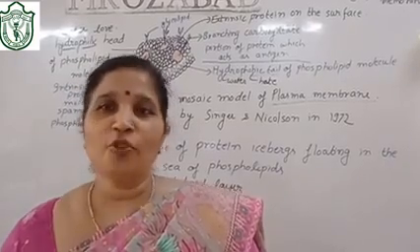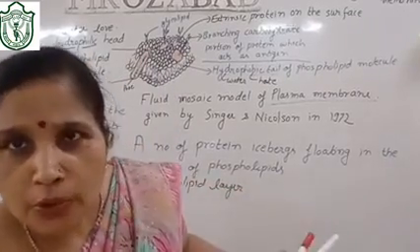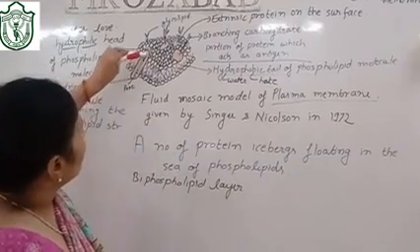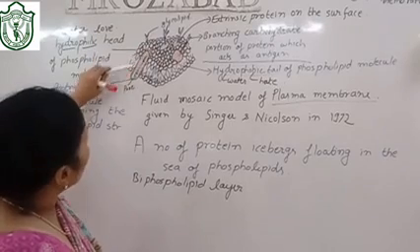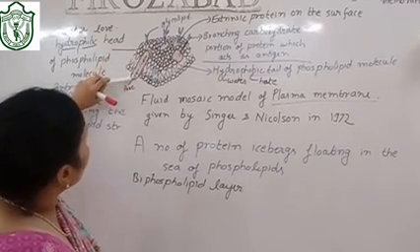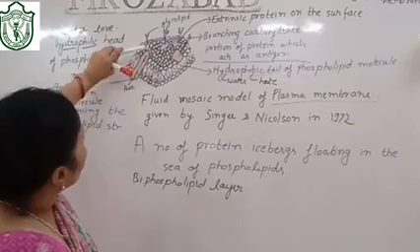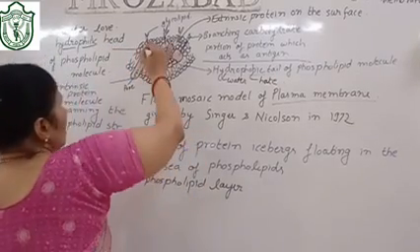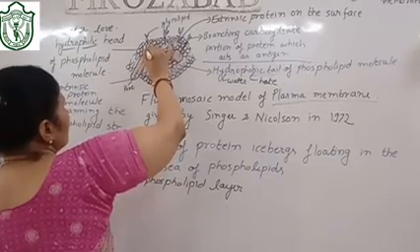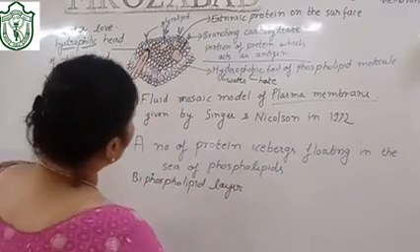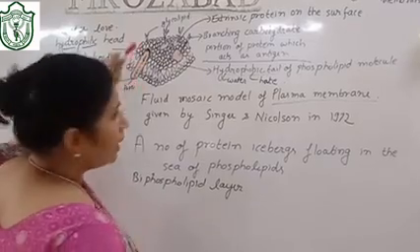So you can observe the various proteins. This protein is an intrinsic protein. You can see this protein is crossing the whole plasma membrane.